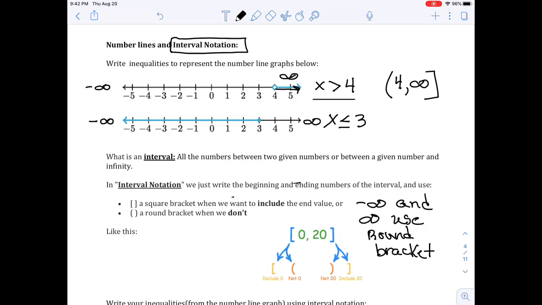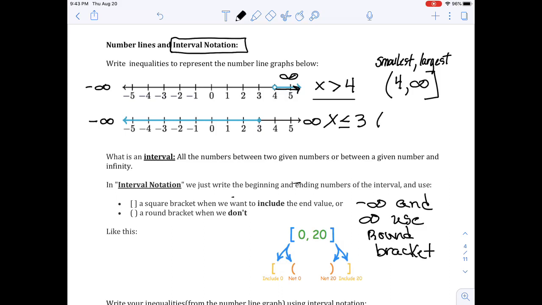So I want to go back to the previous one and note that 4 is smaller than infinity. Of course, everything's smaller than infinity. So smallest, largest. The interval must be represented that way, with the smallest number on the left, the largest number on the right.